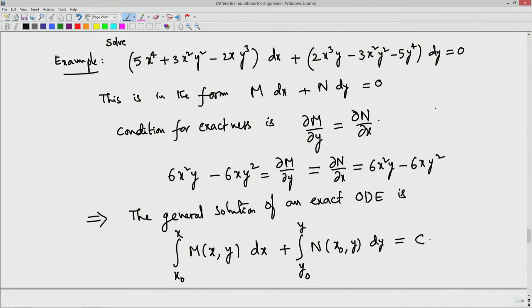So, this is the general solution. Let us see what exactly this is, where c is an arbitrary constant.